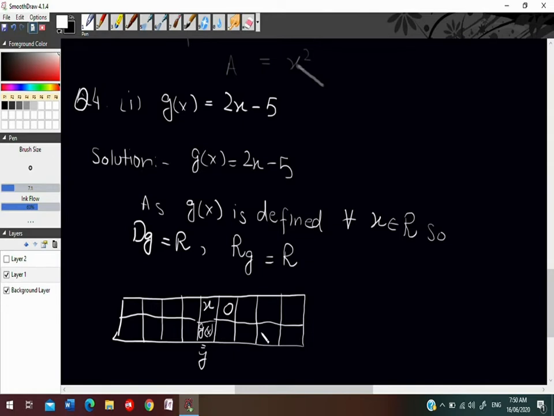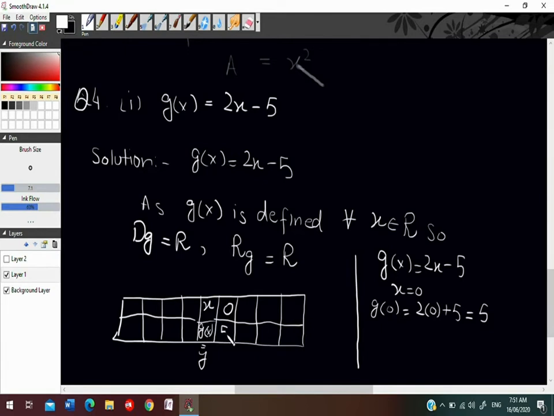Here you can write g of x equals 2x minus 5. So when x is 0, g of 0 becomes 2 into 0 plus 5, which equals 5. So when x is 0, g of x becomes 5.